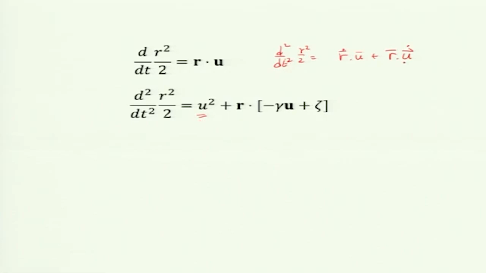The second term is r dot u dot, u dot is acceleration, and acceleration is minus gamma u plus zeta. Okay. So, now what is this? This is r dot u minus gamma, but I know what r dot u is, it is d by dt of r squared by 2. So, you plug that in. So, this is replaced by minus gamma d by dt of r squared by 2 plus r dot zeta. This is my right hand side.